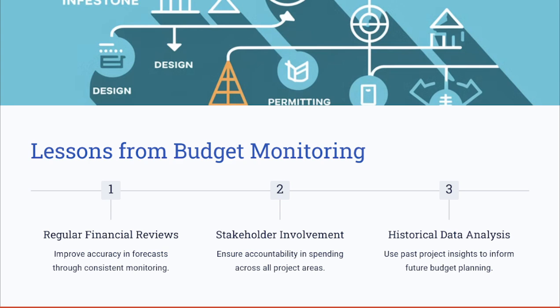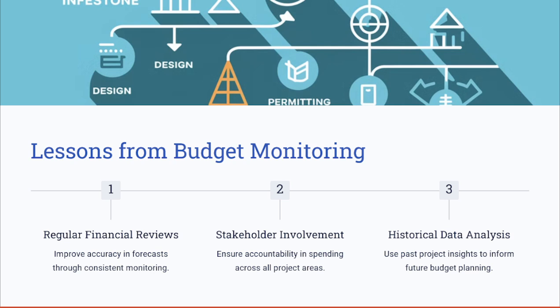Also, involve the stakeholders to ensure accountability in spending. As I mentioned in the previous slide, you have to keep the stakeholders aligned and make them understand that whatever changes happen in the scope, in terms of adding or removing, could impact the project constraints, especially the schedule and the cost. It also adds risks.